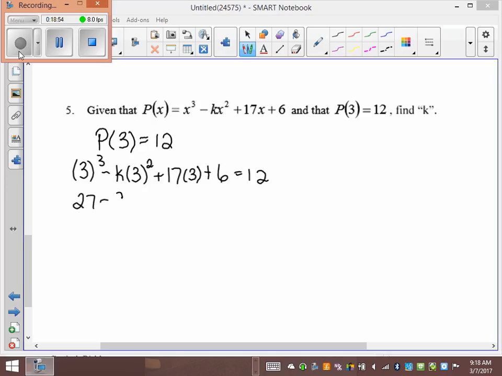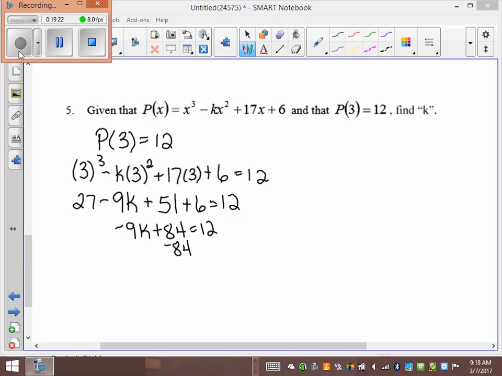Minus k times 9 is 9k. Plus 17 times 3, is that 51? Plus 6 equals 12. 27 plus 51 is 78, plus 6 is 84. Negative 9k plus 84 equals 12.